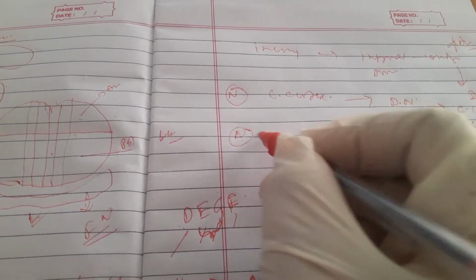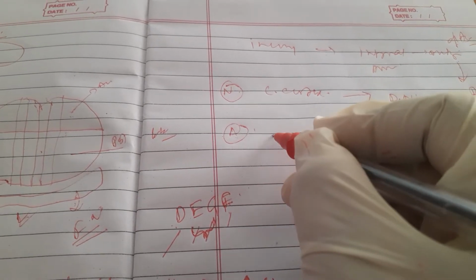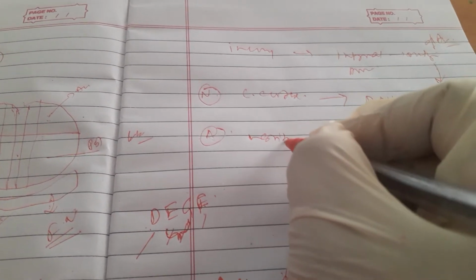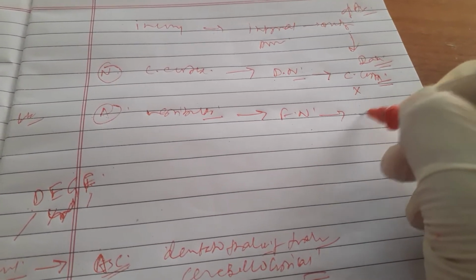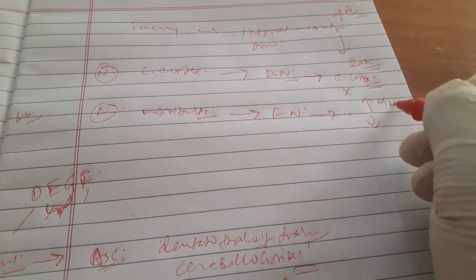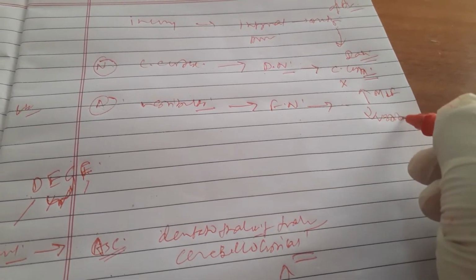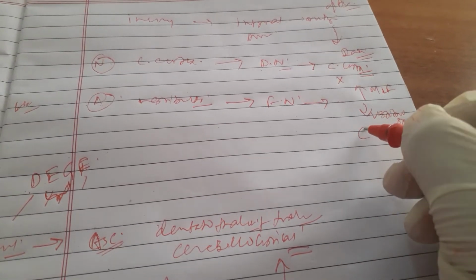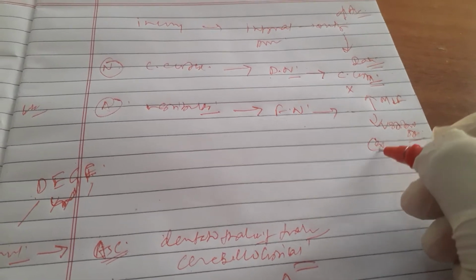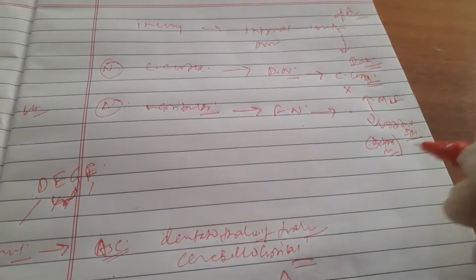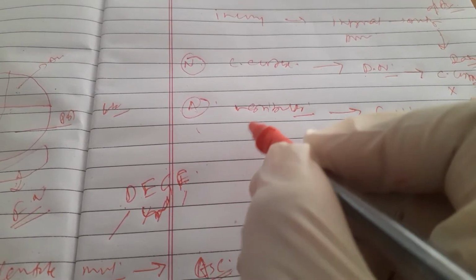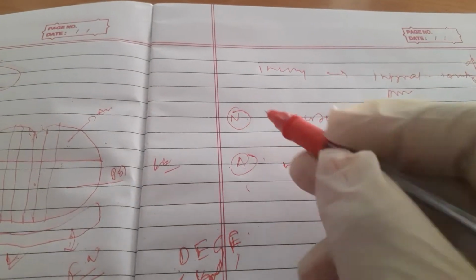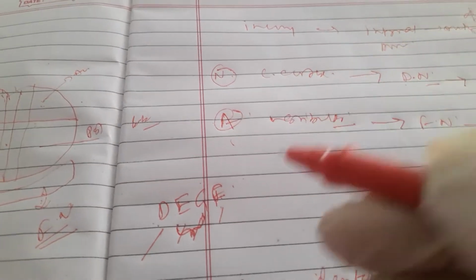This is archicerebellum, where the fiber is coming from the vestibular nucleus and going to the fastigial nucleus, then ascending and descending fibers: ascending to the medial longitudinal fasciculus, descending to the vestibulospinal tract, which has its action on the extensor muscle or anti-gravity muscle.